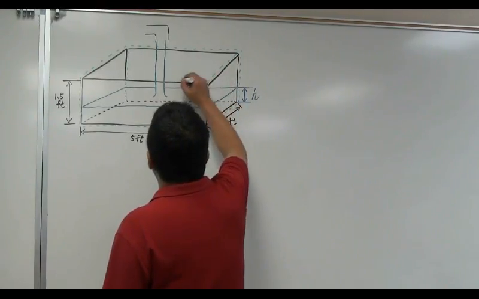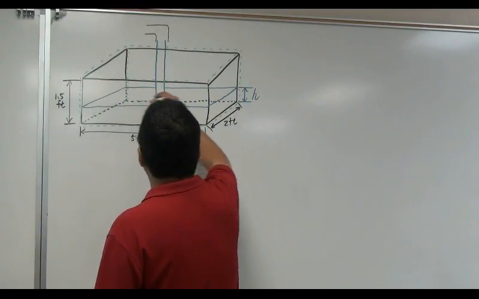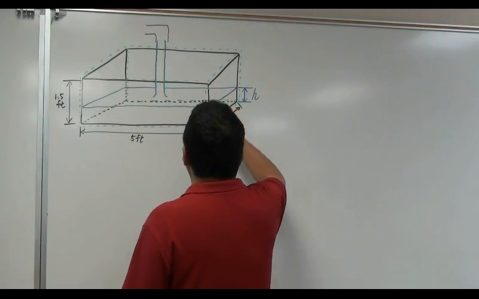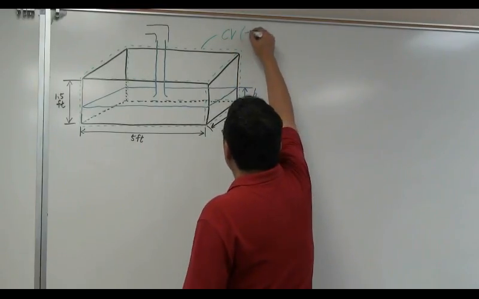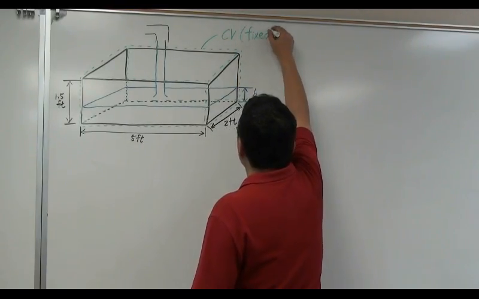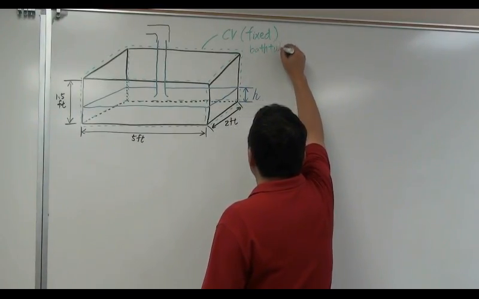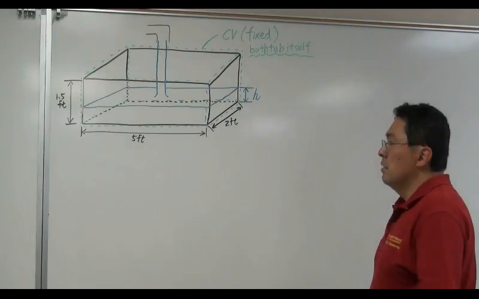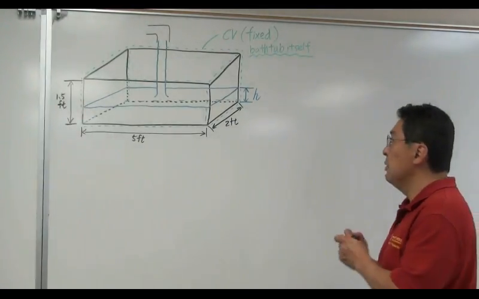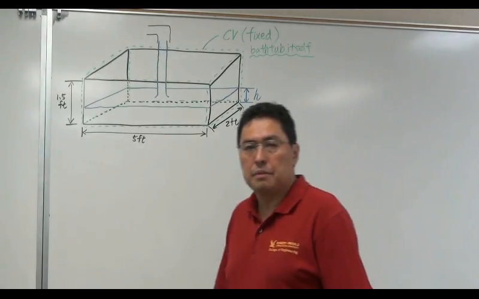So this is the cubic element bus stop, which I chose as a control volume. This is a fixed control volume. Okay, so I'm trying to solve this problem by choosing a fixed control volume, which is the bus stop itself, which is a reasonable choice.